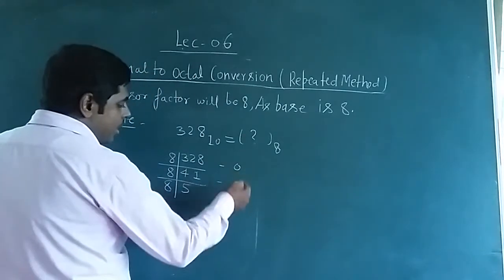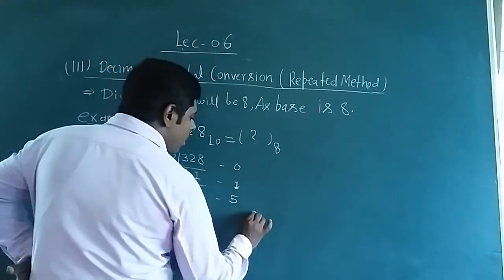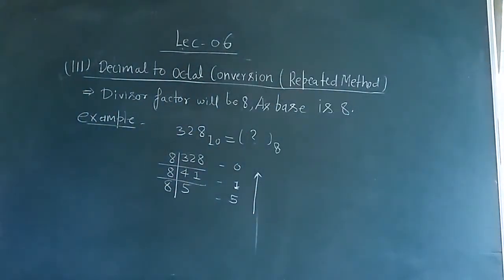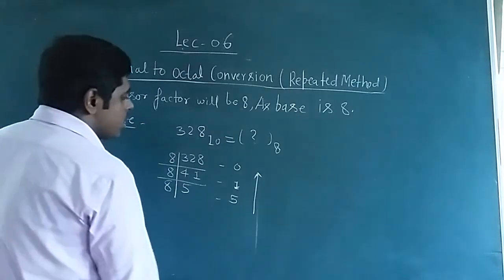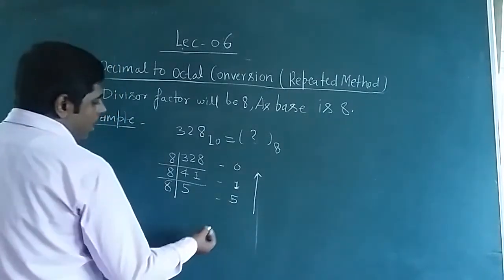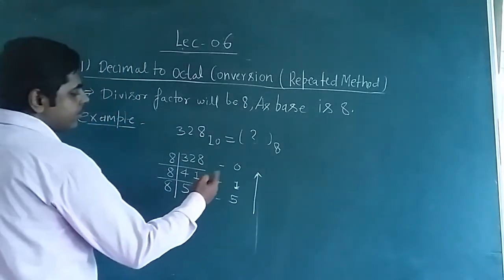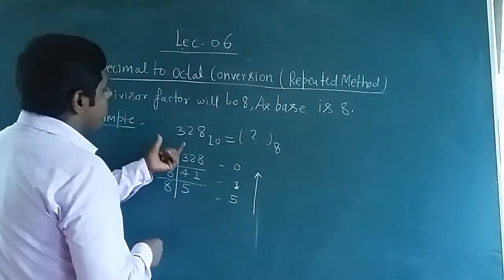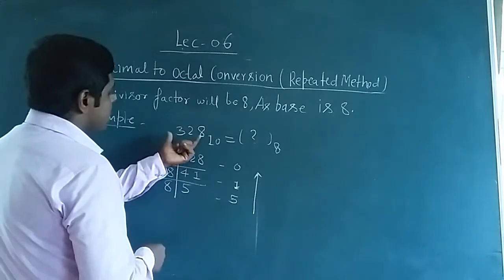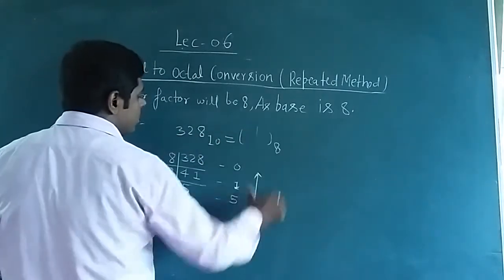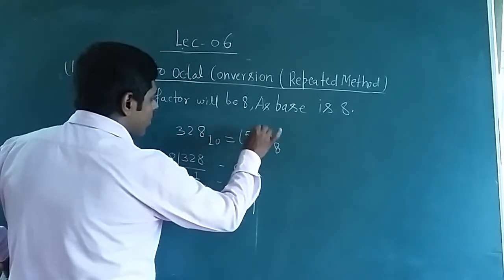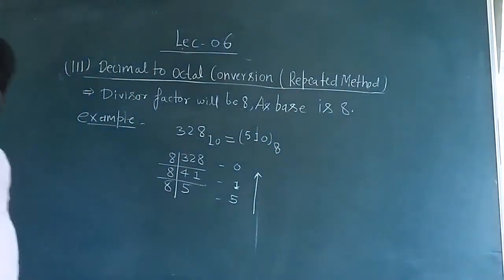And how will we write it? From bottom to top. So we can say the octal number of this decimal number is 510.